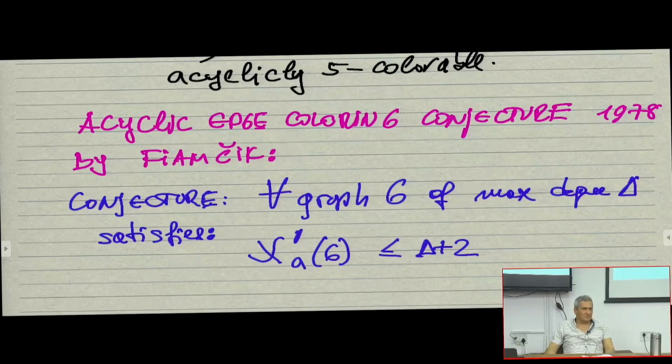So everything is shifted by 1. Vizing says delta plus 1 for usual coloring. Here it will be mostly delta plus 1, delta plus 2, maybe also delta if the graph has big and very small vertices, in such exceptions.